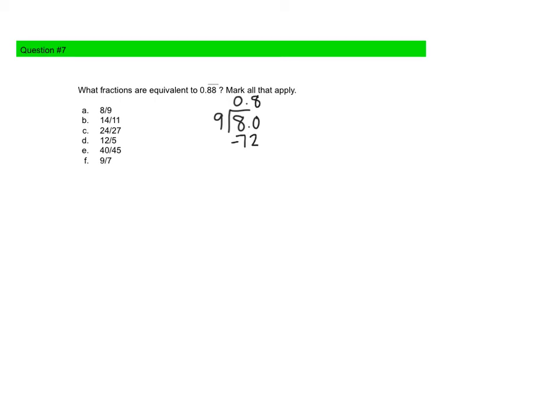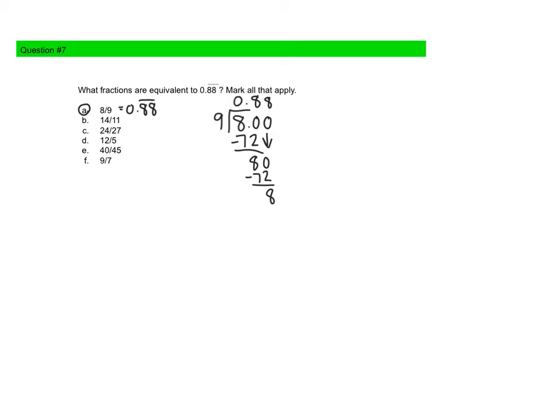We subtract and we get an 8. Bring down another 0. 9 goes into 80 8 times, which is 72. We subtract and we get 8. And we have a pattern. So this is the same as 0.88 repeating. So A is one of our answers.